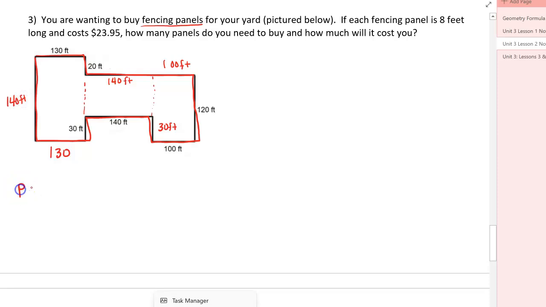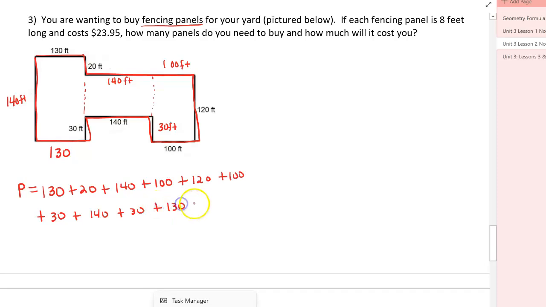So the perimeter is going to be, if I start at the top number, 130 plus 20 plus 140 plus 100 plus 120 plus 100 plus 30 plus 140 plus another 30 plus 130 and finally plus 140.